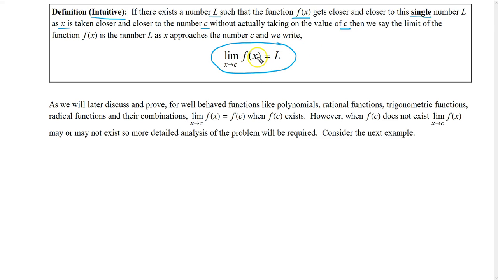So that's intuitively what we mean by as x gets closer to c, f of x gets closer to the number L. Now we'll make this definition more precise in an upcoming lesson.